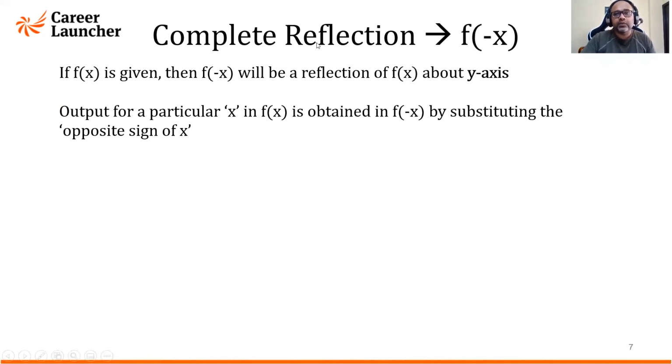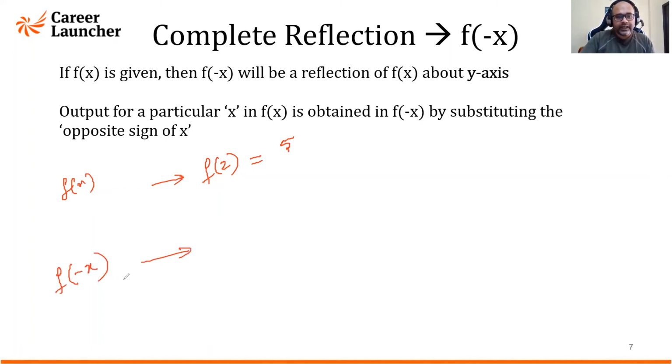Now, if the minus is within, what happens? We have seen minus f of x, but now we are looking at f of minus x. Now, in this case, basically what it means is, if you want to get f of 2, let's say the answer is 5, and you have a function f of x where f of 2 is 5, you want to find out a function which is of the form f of minus x.